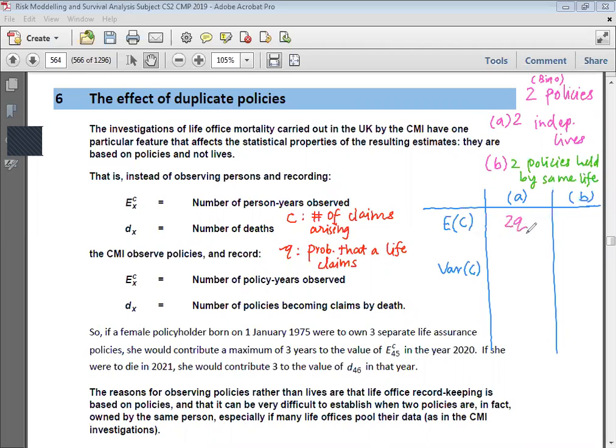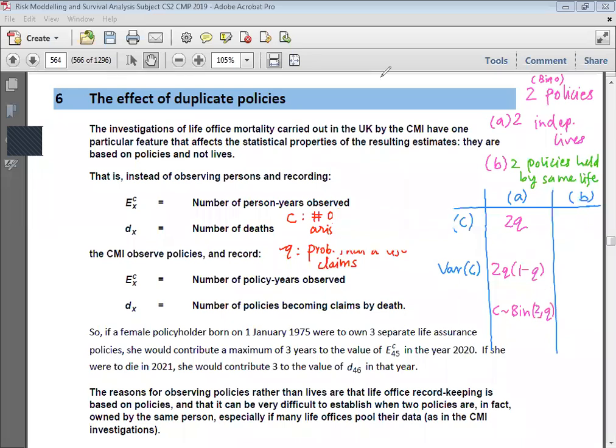Just Q. The probability that there will be a claim, right? So the expected number of claims that you think will arise is 2Q in the A scenario. And for the variance, you will have 2Q times 1 minus Q, right? Because your C follows a binomial with parameters 2 comma Q. So these are the parameters that you have.